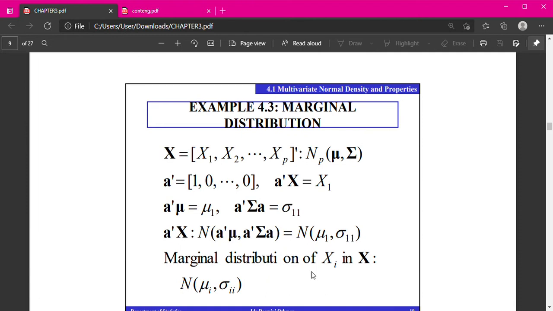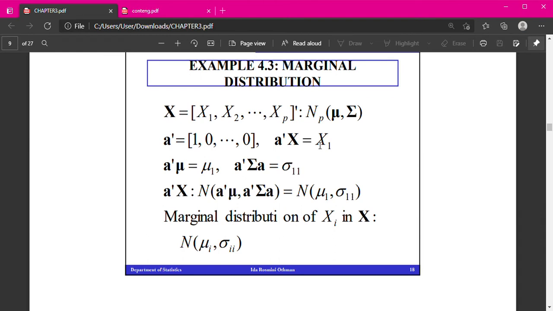Ini contoh lah. We have x variable until xp and all the x, and then this x adalah normal distribution with p degree of freedom, with p variable, dia punya min, mu dan variance, covariance big sigma. So sekarang kat sini, ini contoh dia. Linear combination-nya adalah x1. Satu sahaja x1. So kita punya A, kita create A will be the vector of 1, 0, 0, 0, 0.